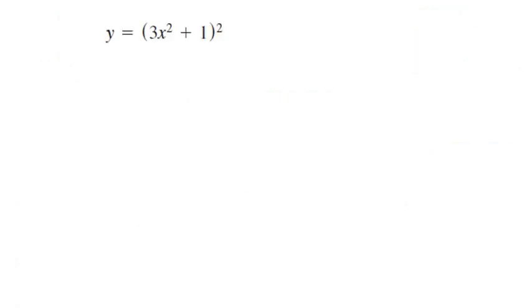So here we see a function within a function. If it was y equals x squared, we know the derivative of that. But because this is a function, instead of a single x, we need to use the chain rule. So in the chain rule, we call this function something like u. We say let u be equal to 3x squared plus 1.